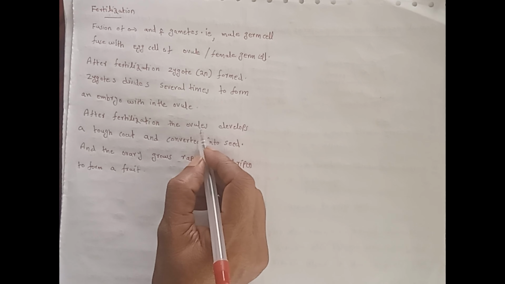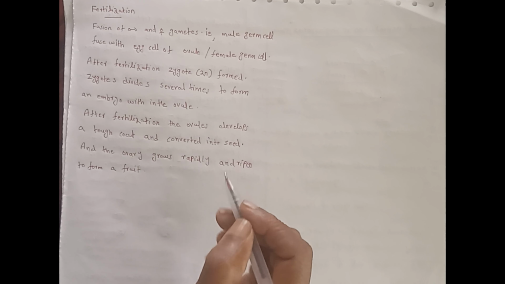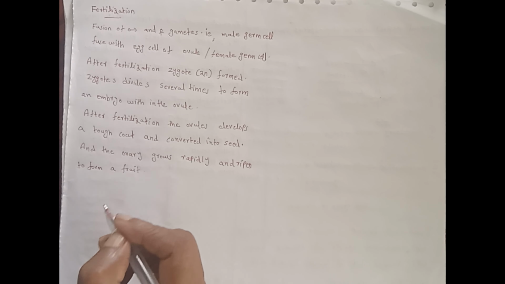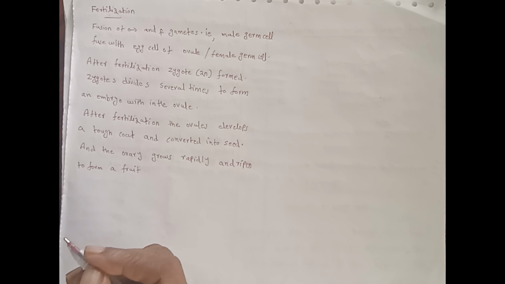After fertilization, the ovules transform to seed and the ovary to fruit. Then petals, sepals and stamens fall off.